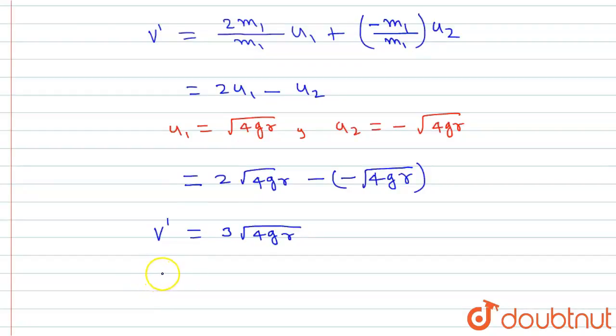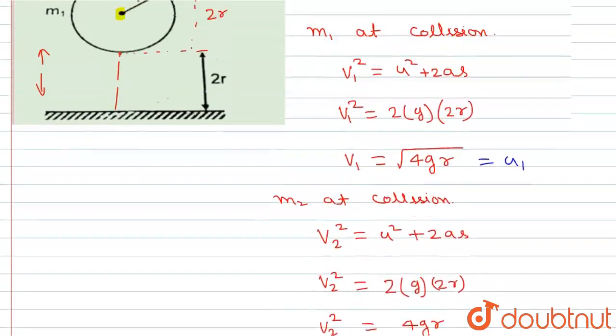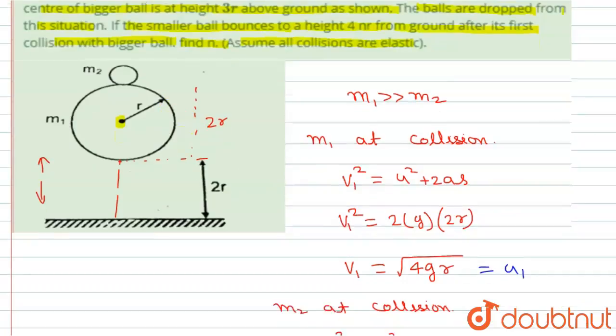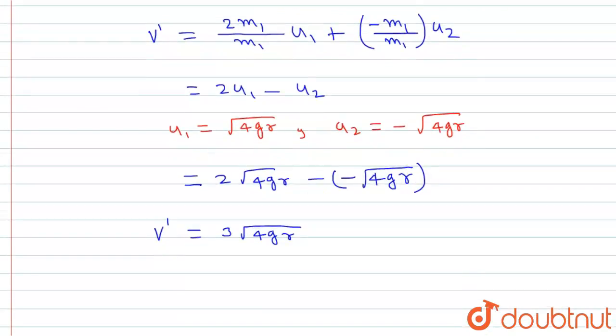So for height, we have found the velocity of this M1 after collision. This is the velocity of the M2 after collision, V dash. Clear? So we have to find the height. For height we can use v square is equal to u square plus 2ah.